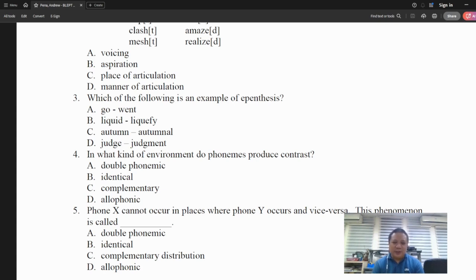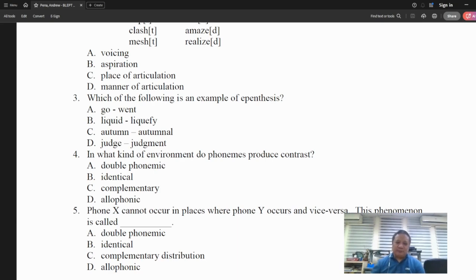For letter A, go and went, there's no sound added. In fact, the term for go and went is stem suppletion. For B, liquid, liquefy, there's no sound that's added when we add phi. In fact, what is removed is the d sound. So the answer is C, autumn, autumnal. We added the n sound.